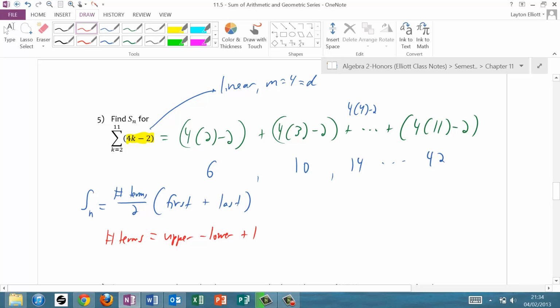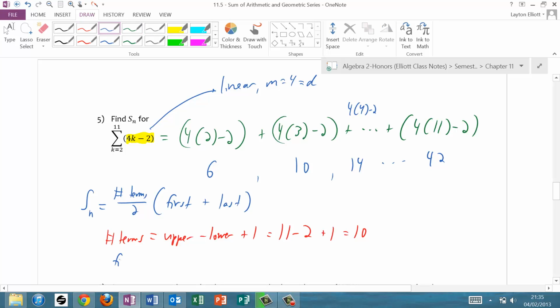And we talked a lot about why that is so. If I do 11 minus 2, I get 9, but I have to add 1 to account for the fact that I'm using both 11 and 2. Count the digits. 2, 3, 4, 5, 6, 7, 8, 9, 10, 11. There are 10 numbers if I count 2 and I count 11. So my number of terms is 10.